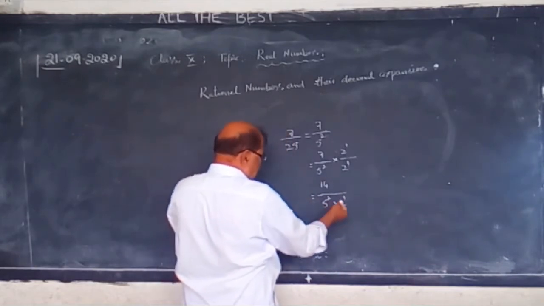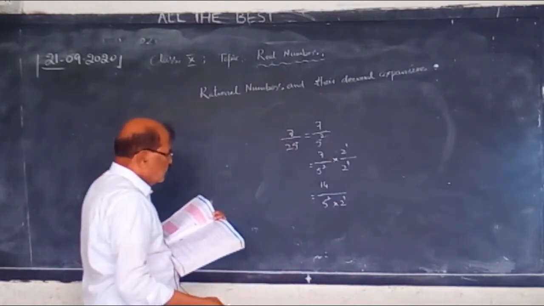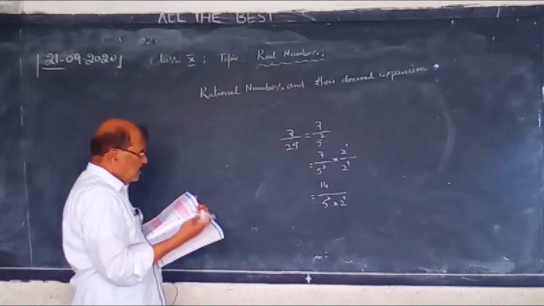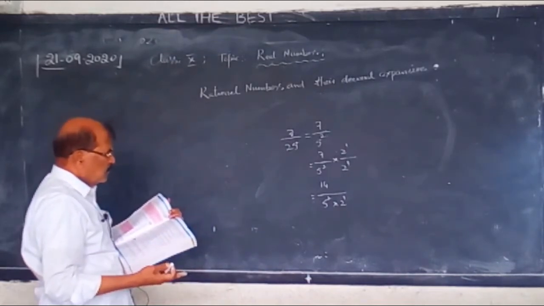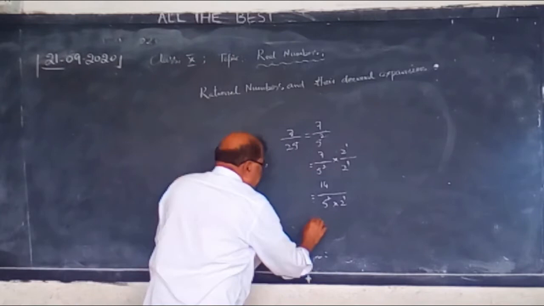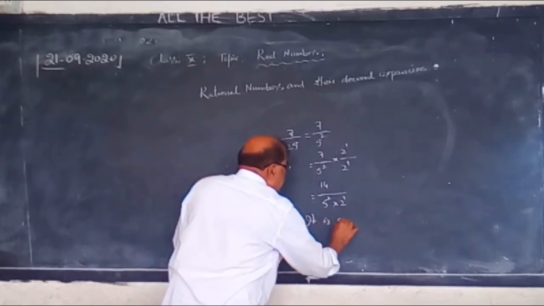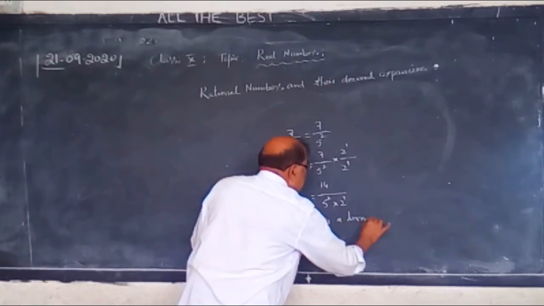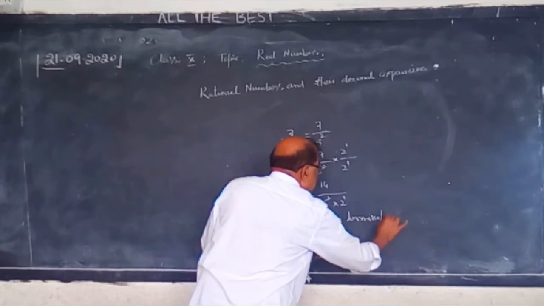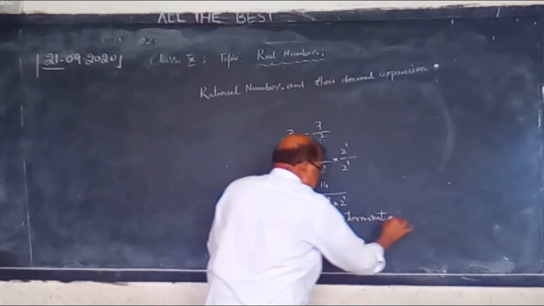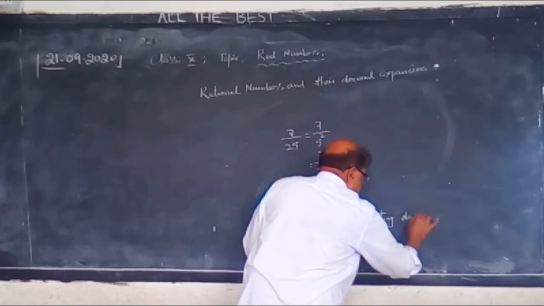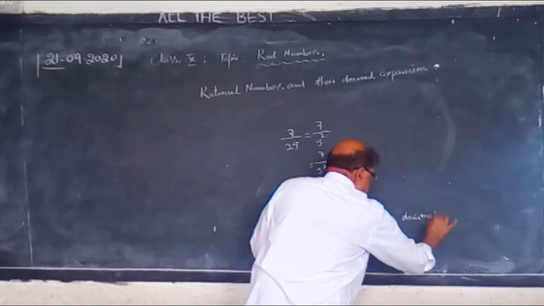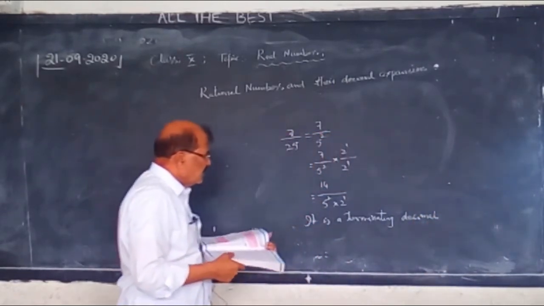So it is in the form of 2 to the power of m into 5 to the power of n. So definitely it is a terminating decimal.